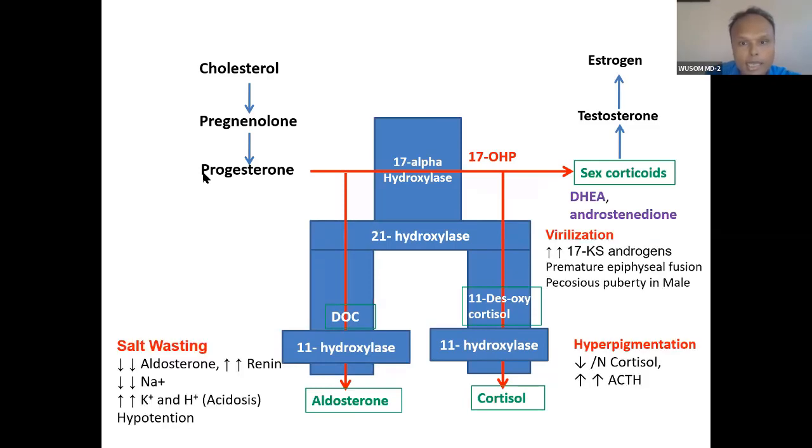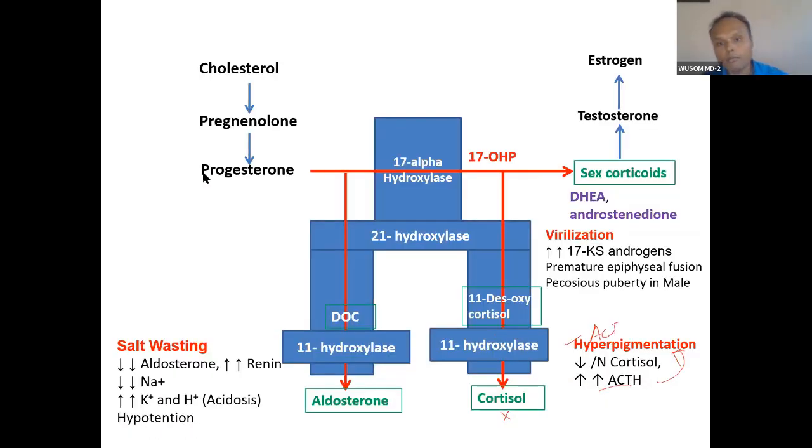If there is a blockade here and cortisol is low, because of low cortisol it will cause hyperpigmentation, because ACTH is very high. High ACTH can occur with normal or low cortisol. But high ACTH means primary cortisol deficiency.